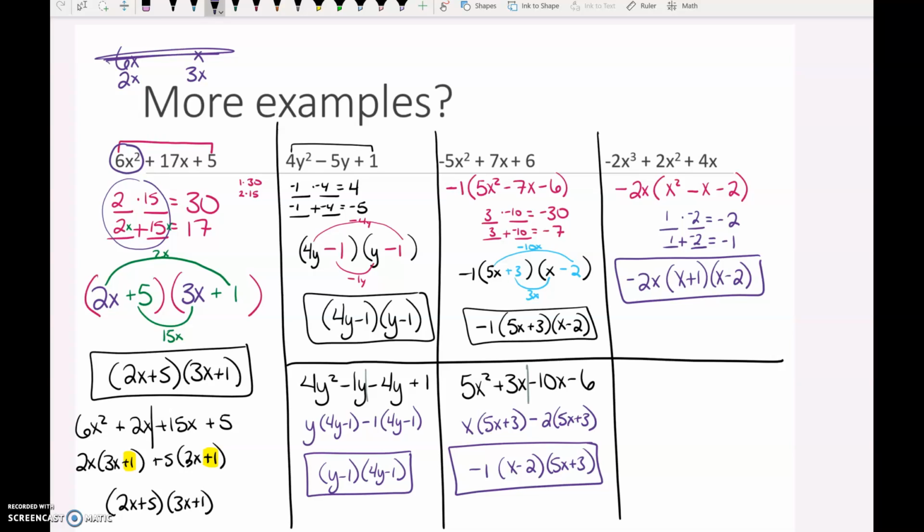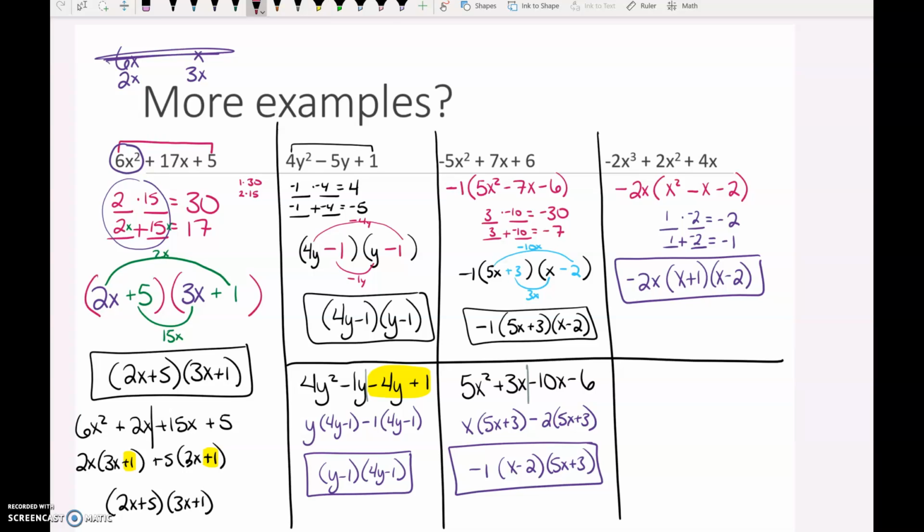Okay, here's all of my answers. And just one more time, some of the reasons that I really want to push you towards guess and check. This problem right here, this group is very hard to factor, because what do -4y and 1 have in common? They have nothing in common, which means they have a 1 in common.